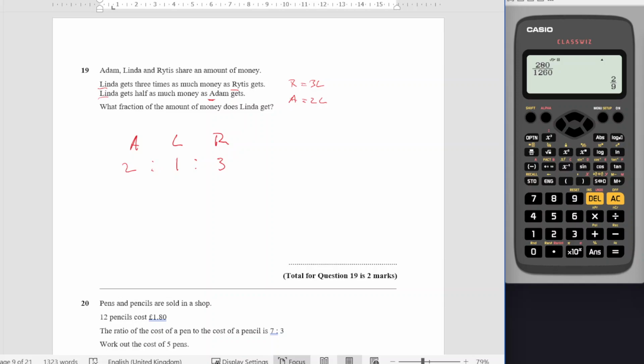So Linda would get, I think I've done that wrong. Linda gets half as much as Adam gets. Linda gets, I've done that wrong. So Linda gets twice as much.